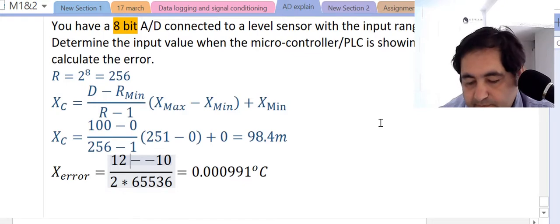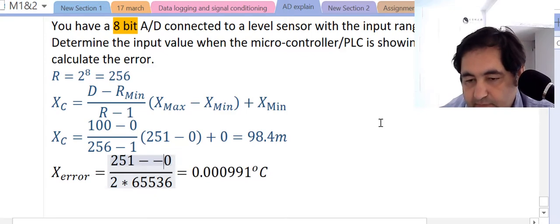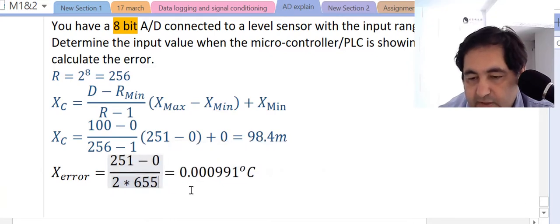So 251 minus 0, and here 2 times the resolution, and here the resolution is only 256. Let's see how many meters it is.